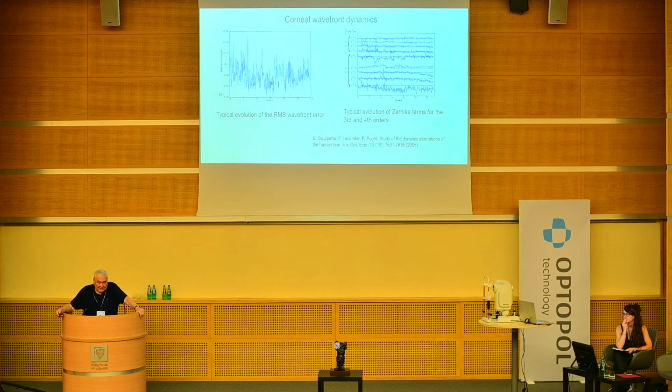Another approach is to look for the refraction. I'm not very much a fan of this approach, when you see the several Zernike components and look at how the Zernike components are fluctuating.